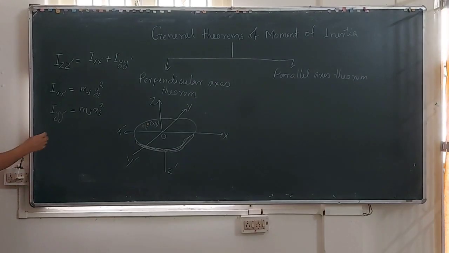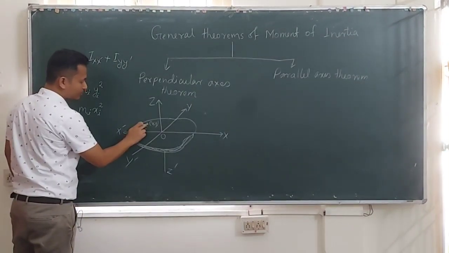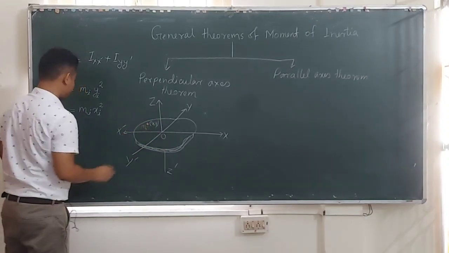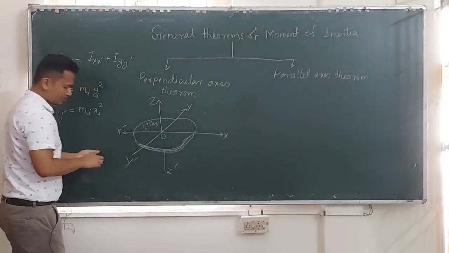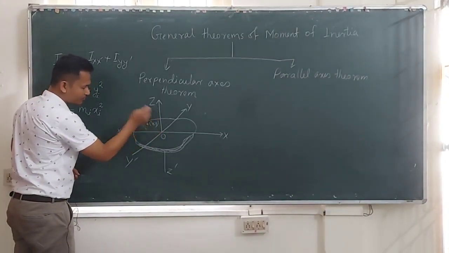Again, what is the moment of inertia of this particle about the perpendicular axis, that is z prime? Before that we need to find the distance of this particle from the origin, or from the z axis.